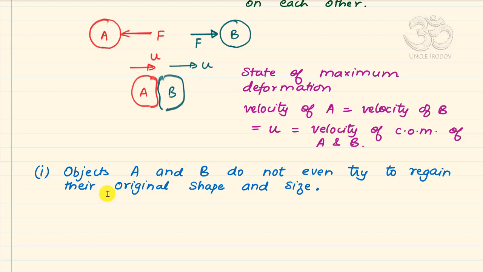So A is in a deformed state and it is happy like that. B is in a deformed state, it is happy like that. There is no attempt by A to regain its original shape and size back to become spherical again, or whatever that initial shape or size was, and there is no attempt by B to again regain that original shape and size. So such kind of a collision where the objects do not even make an attempt to regain their original shape and size is called a perfectly plastic collision or a perfectly inelastic collision.